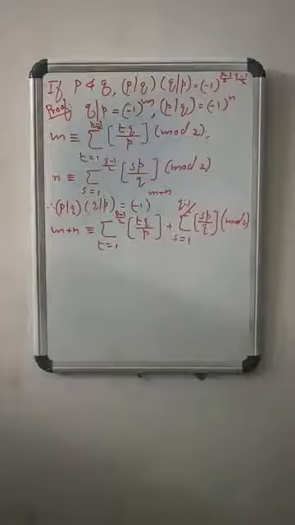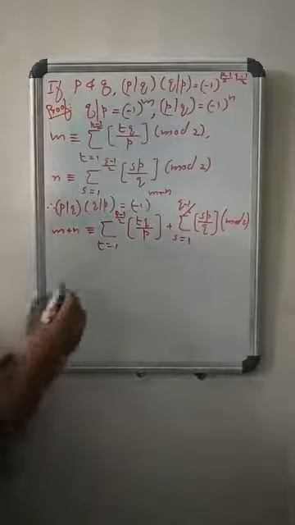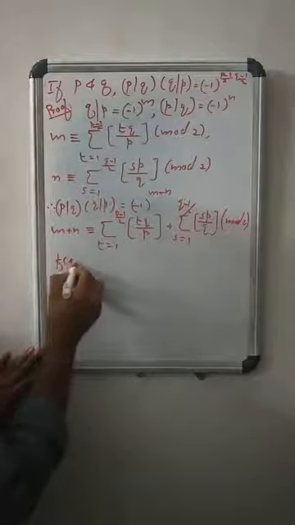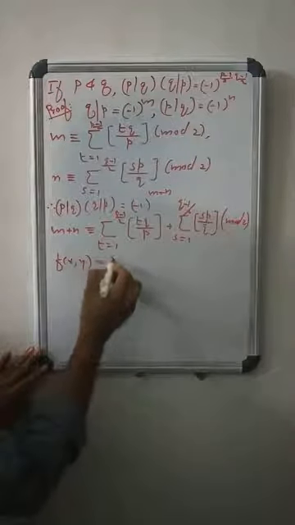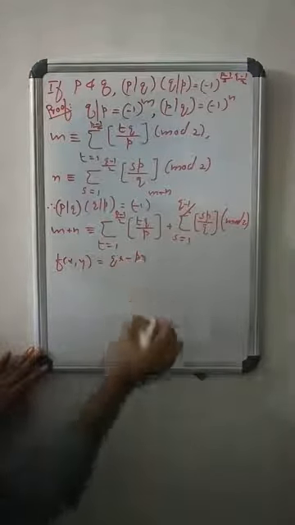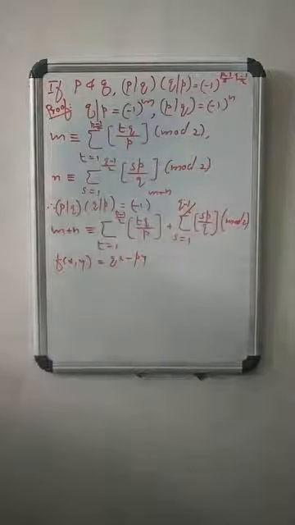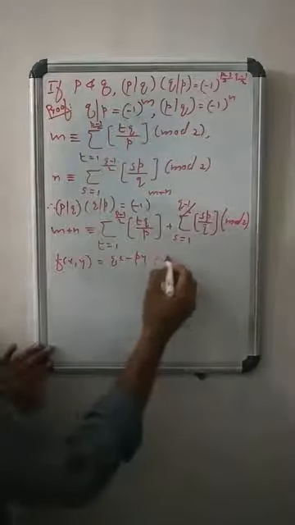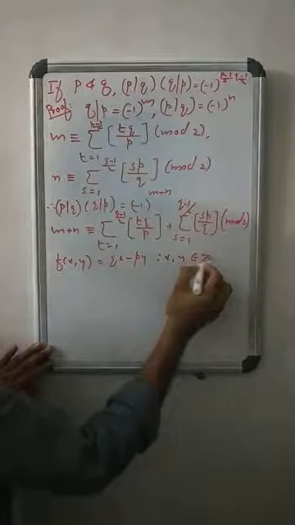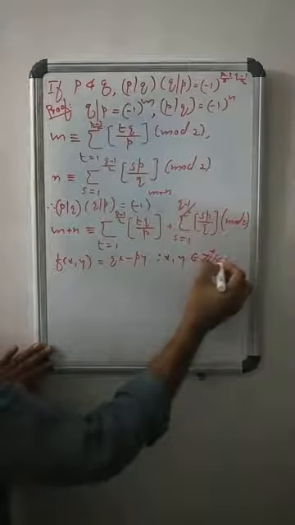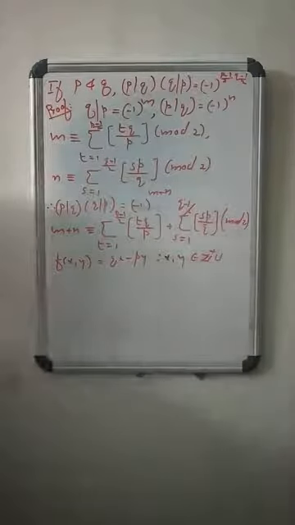So consider a function f(x,y) equals qx minus py, where x and y are non-zero integers.